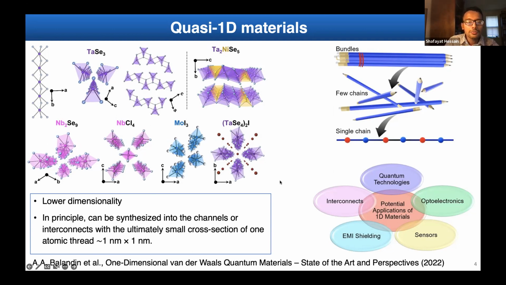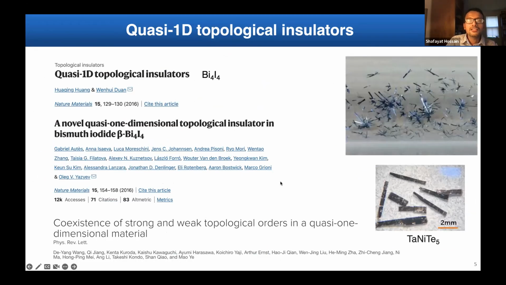Now, from the physics point of view, there is very interesting physics in quasi-1D materials because they have even more quantum confinement than our traditional 2D materials, and they have intriguing quantum effects. If we look into the literature, there are these bismuth halides, bismuth iodide or bismuth bromide, which are topological materials.